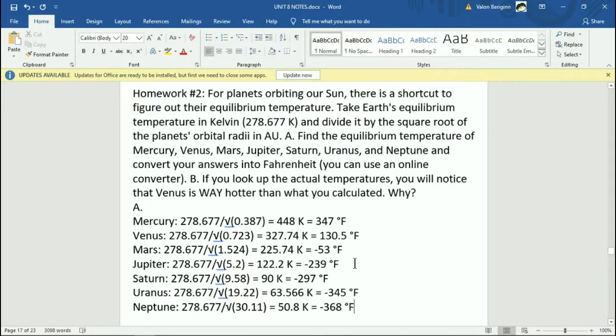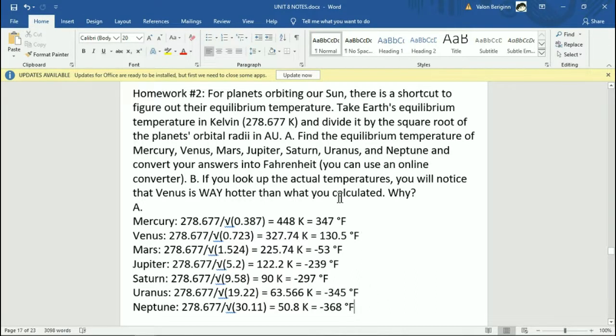Okay, so there you go. You can see the temperature does drop off quickly, but then there's not too much of a difference between these last four. The difference between Uranus and Neptune is like the distance between the Sun and Saturn, and yet the change is only like 20 degrees Fahrenheit.